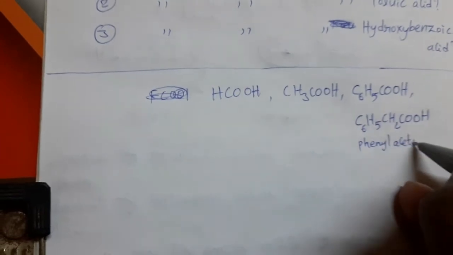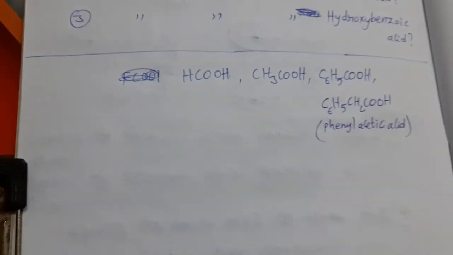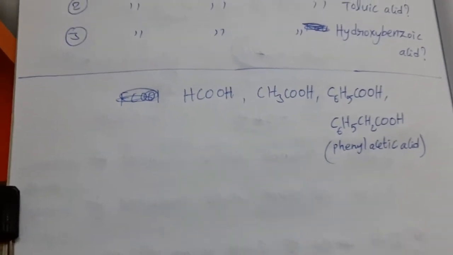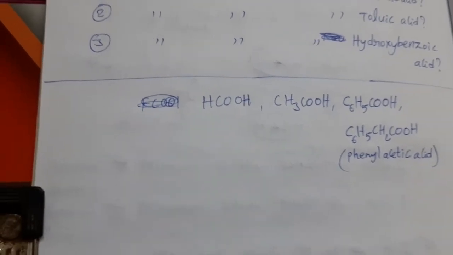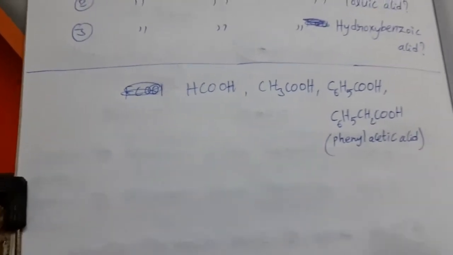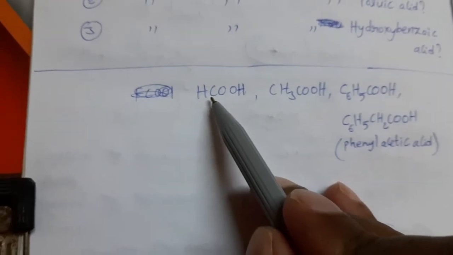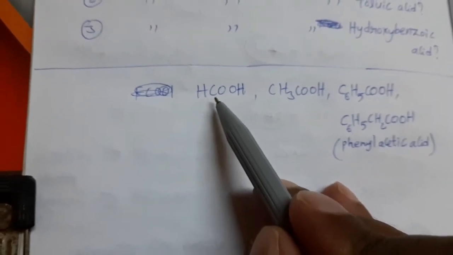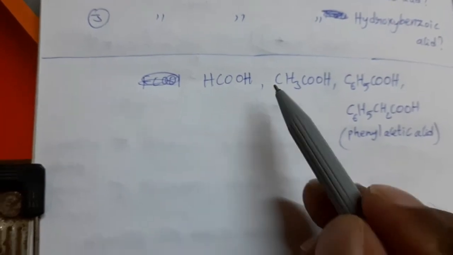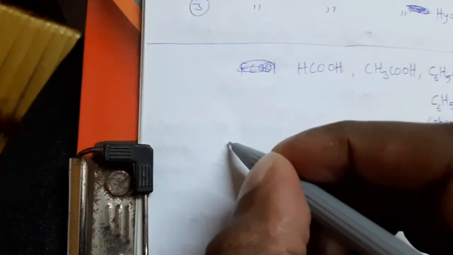For these four compounds, what is the decreasing order for acid strength? So, in formic acid no electron donating group, no alkyl group is present. That's why this compound can donate H plus ion easily compared to remaining compounds. Hence, this acidic strength is more.